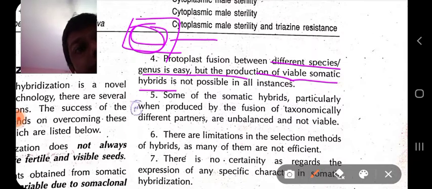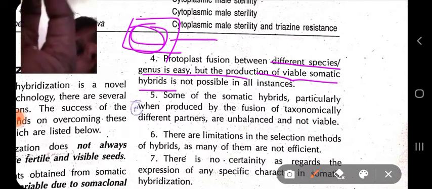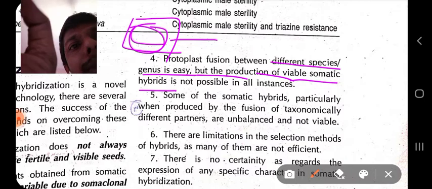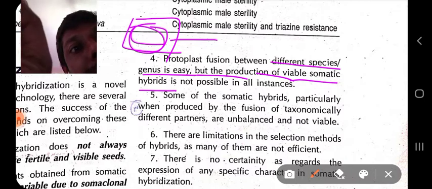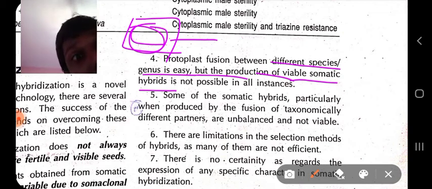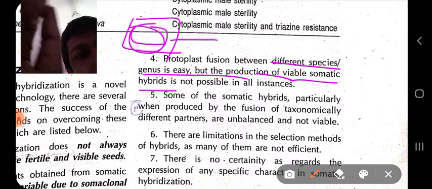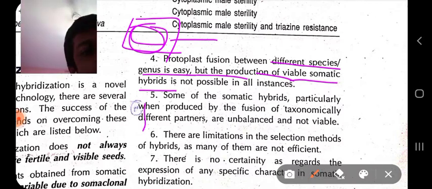Next, some somatic hybrids, particularly when produced by fusion of taxonomically different partners, are unbalanced and not viable. They become very unbalanced because their chromosome contents and cytoplasmic contents are all different, and they are not viable at all.